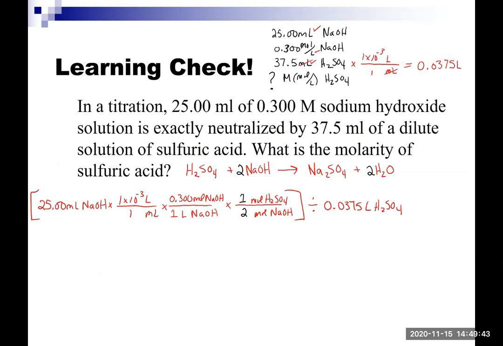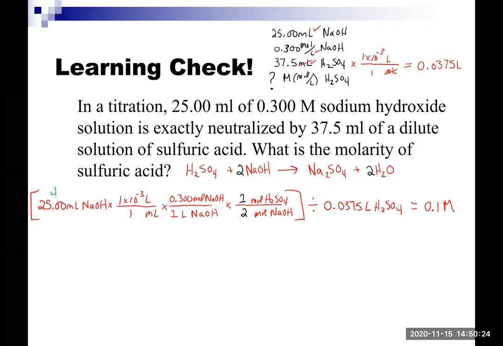And now all we have to do is the math. And we get 0.1 molarity.